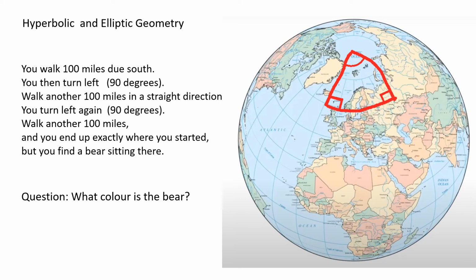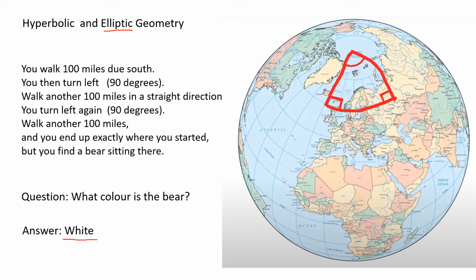So if you allow triangles to have more than 180 degrees, you're in fact considering elliptic geometry, like on the surface of the Earth. So the answer to the question is, of course, the bear is white because you're at the North Pole.